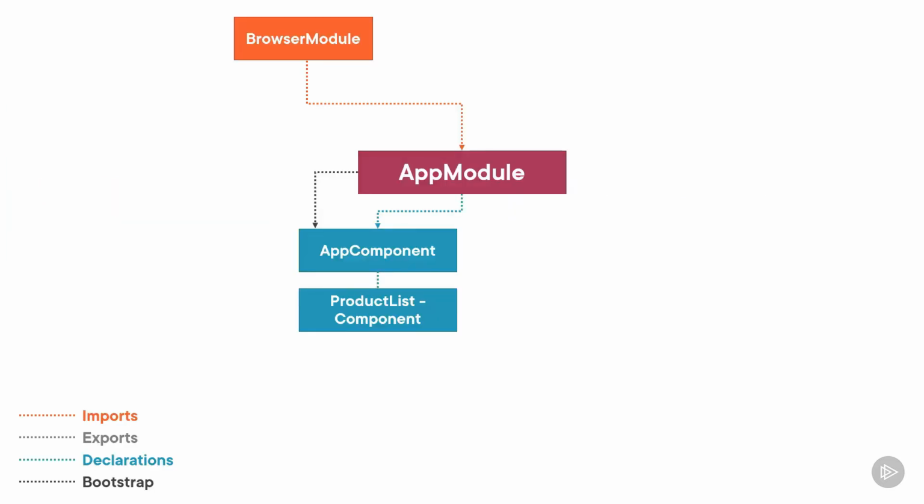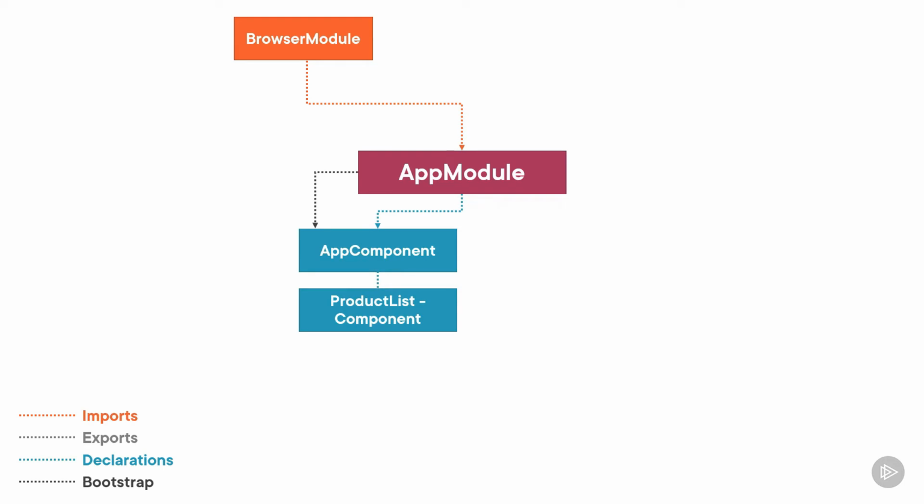The illustration of our app module currently looks like this. We want to use the ngModel directive in our product list component, which is owned by app module. So in the app module, we need to import the appropriate system module that exposes the ngModel directive.